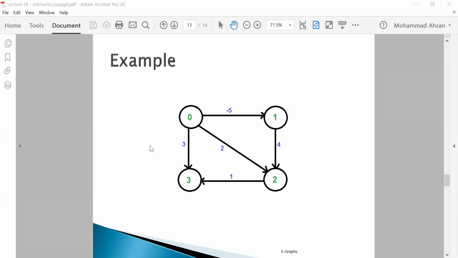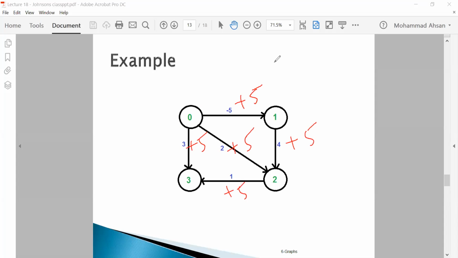It is -5. So if I add +5 to all edges, intuitively it should eliminate the negative edge, but it will actually create problems.